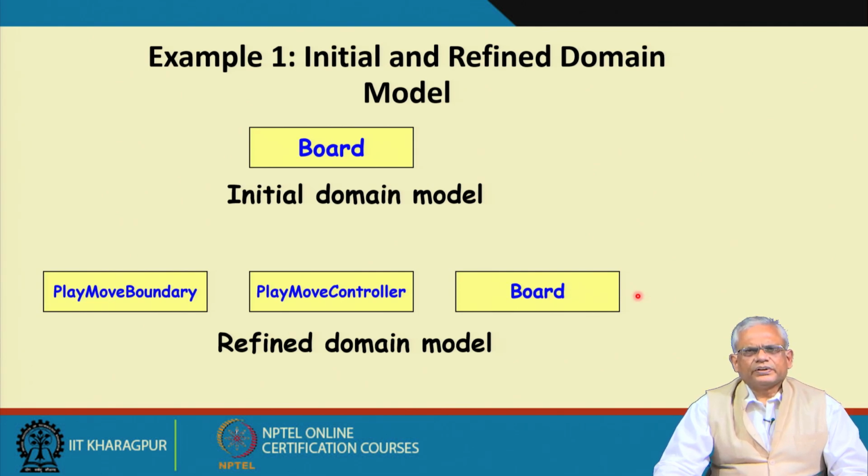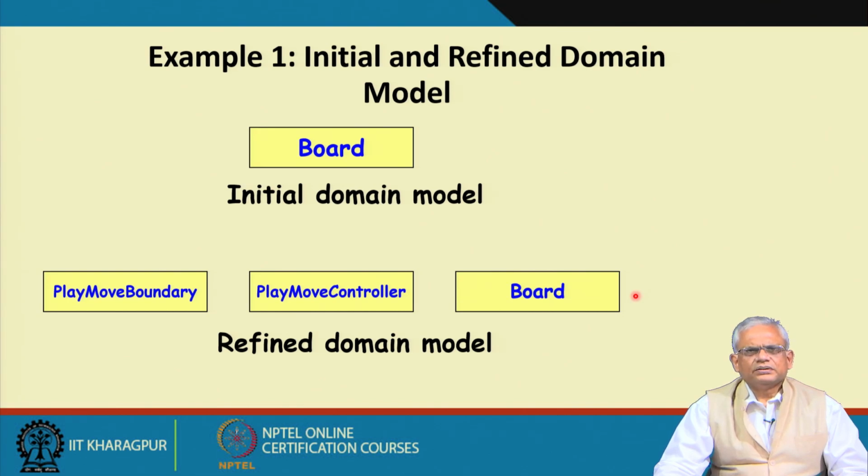Now, the next step in the design process is to develop the interaction diagram, namely the sequence diagram. Remember that for every use case, we need to develop one sequence diagram, and here there is only one use case, that is play move. To be able to develop the sequence diagram, we need to thoroughly understand the problem description, and then remember the steps that occur once the use case is triggered.